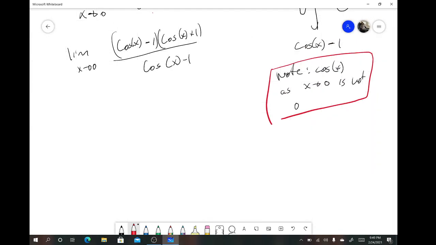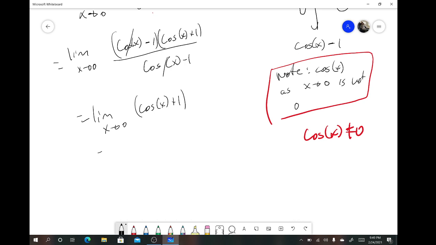All right, we're back. So long as cosine of x is not 0, I'm allowed to cancel. So we cancel this out, and we're left with just the limit as x goes to 0 of cosine of x plus 1. Now I could plug in the 0 here, so this is just cosine of 0 plus 1. But cosine of 0 we know is 1, and 1 plus 1 is 2.